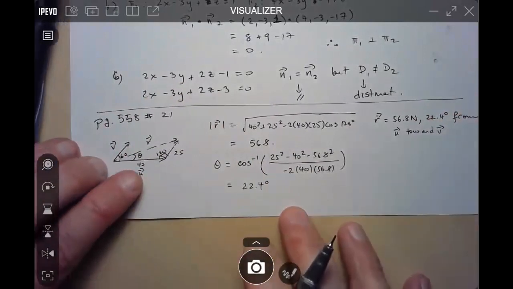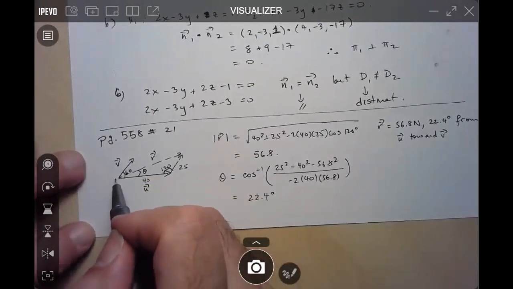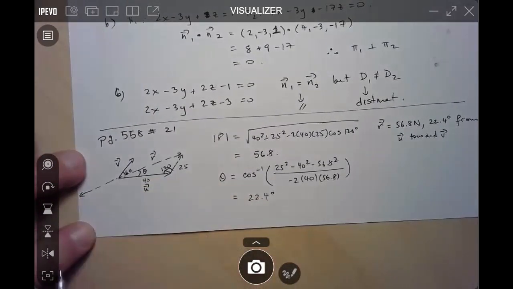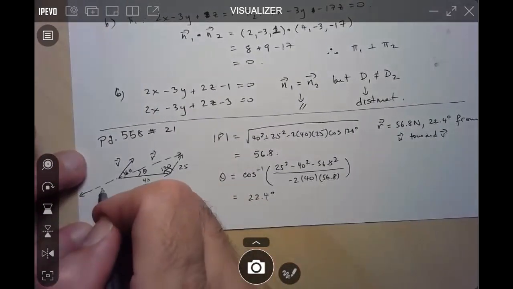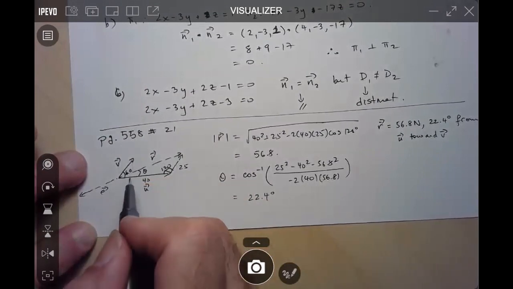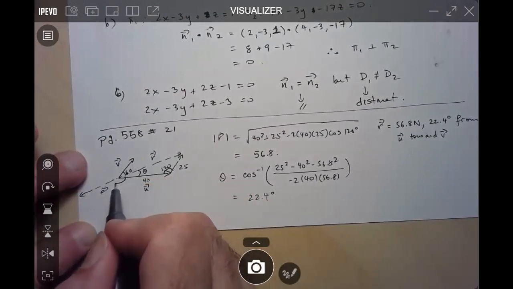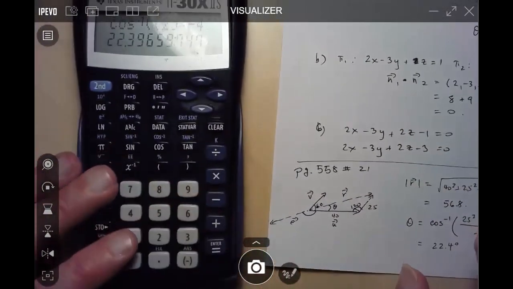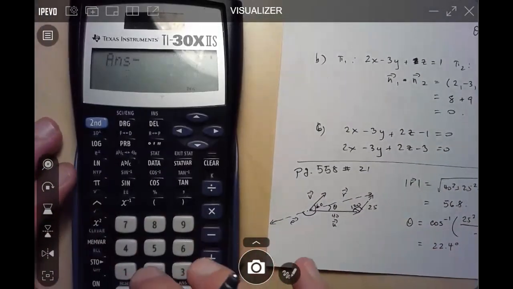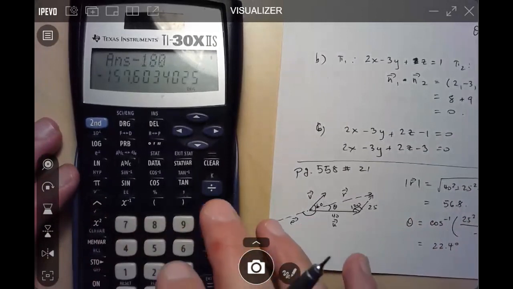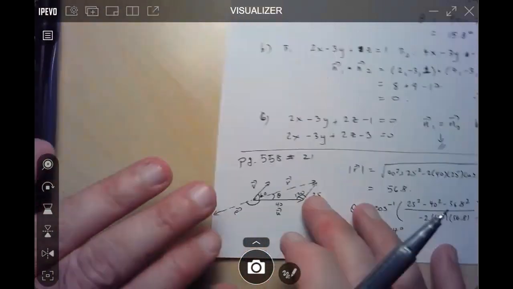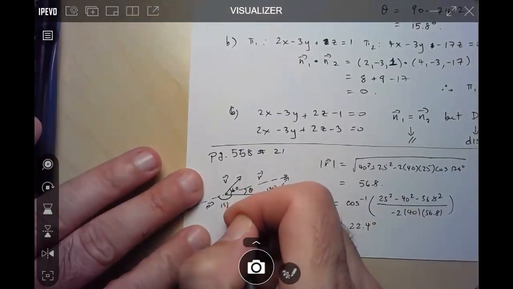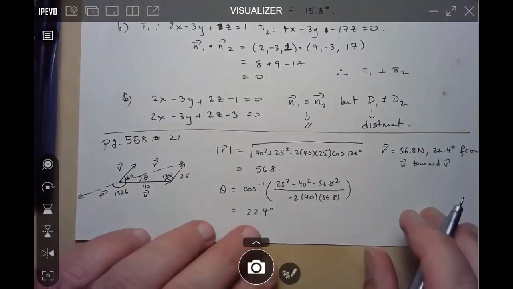Okay, and now if I'm looking for the equilibrant vector, well, I'm going to start from U, except I'm going to use that angle there. And of course that angle is just 180 minus the one we found, so 157.6.